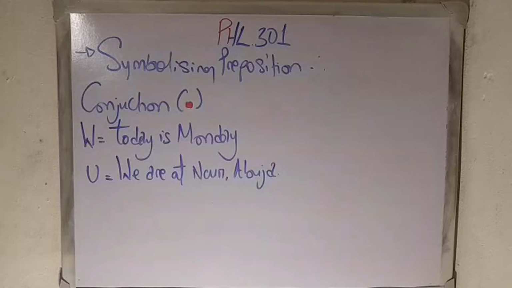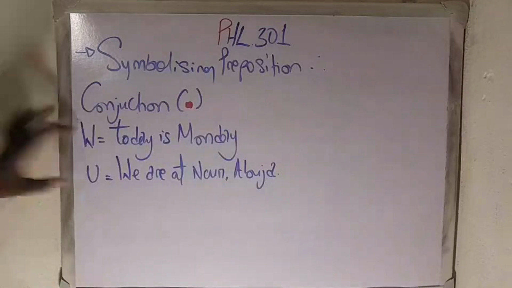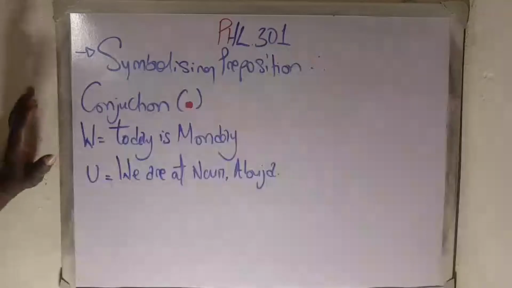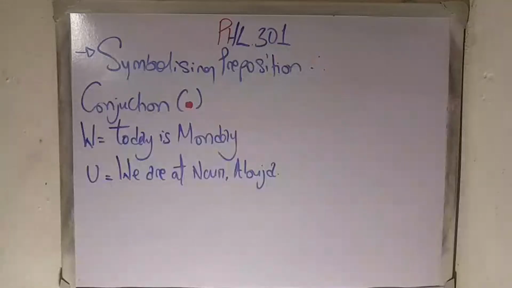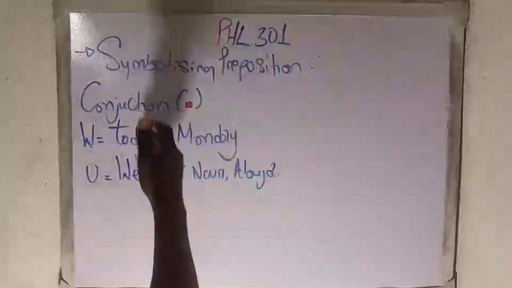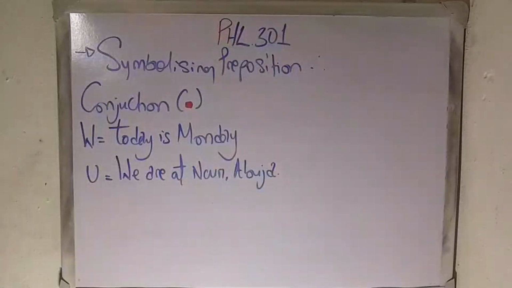All right. So in the case of conjunction, remember, according to the material, when we talk about conjunction, we talk about placing the sign between two propositions, and when we talk about two propositions, we have a compound sentence. So for you to place this, all you need to do is just place the sign between these two simple sentences.